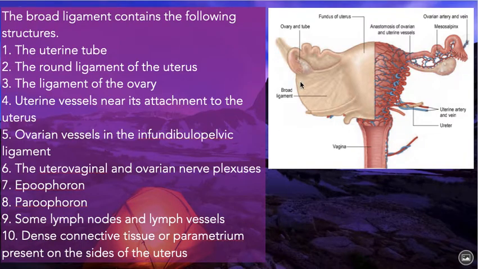The broad ligament consists of the following structures. This is an important enumeration question. The uterine tubes, the round ligament of the uterus, the ligament of the ovary, the uterine vessels near the attachment to the uterus, the ovarian vessels in the infundibulopelvic ligament, the uterovaginal and the ovarian nerve plexus, the epoophoron, the paroophoron, some lymph nodes and lymph vessels, and dense connective tissue or the parametrium present on either side of the uterus.